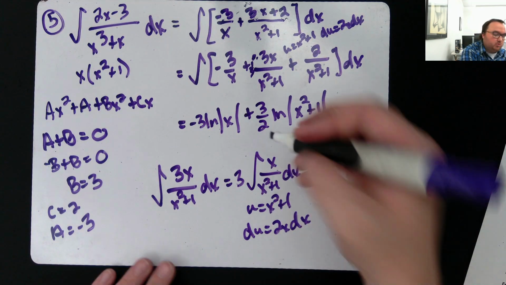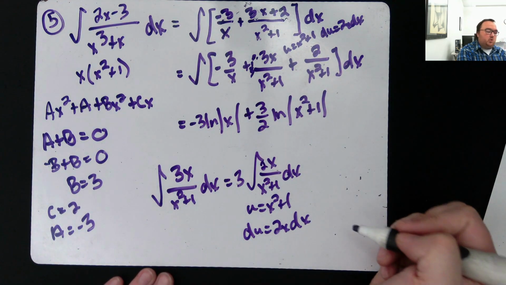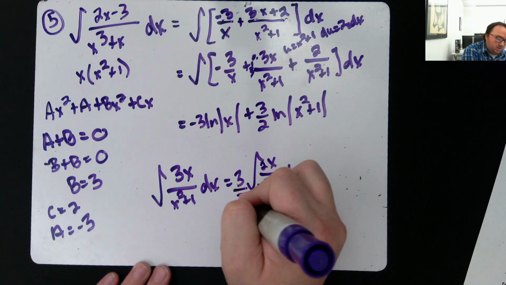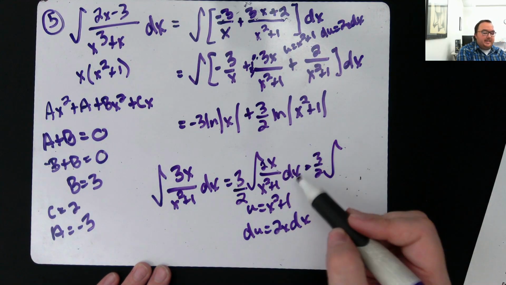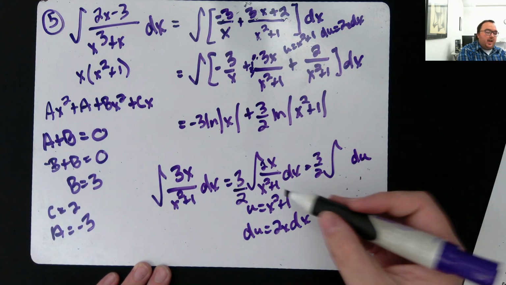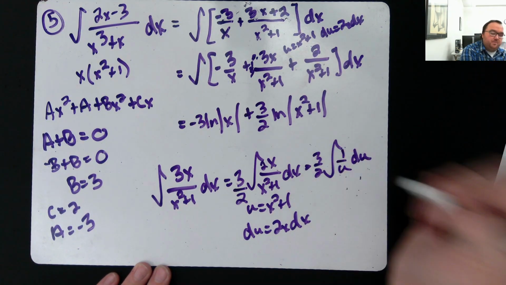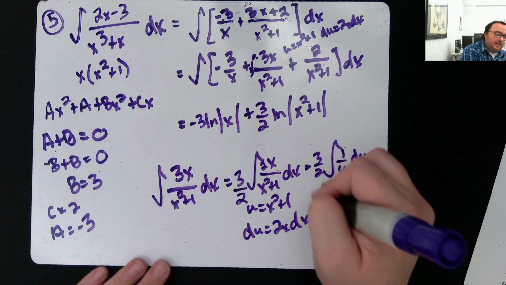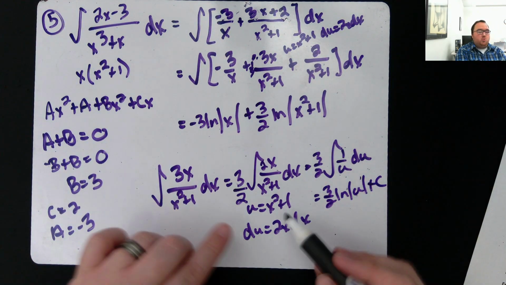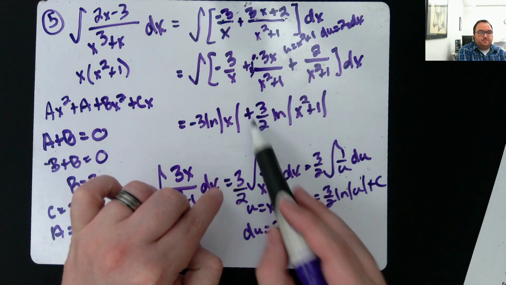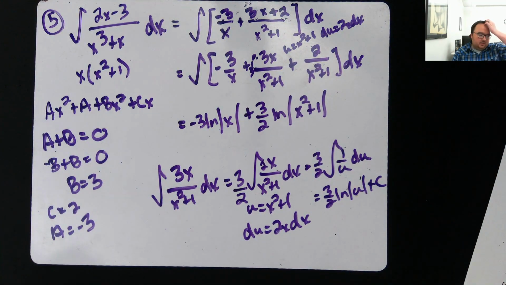I don't have a 2, so I need to times it by 2, which would mean I need to divide it by 2, which would then give me 3 over 2 integral. 2x dx is now du. X squared plus 1 is just 1 over u. 1 over u we know is the natural log. Plug back in what the u was. That's where I get this from. Sorry, I did that fast.